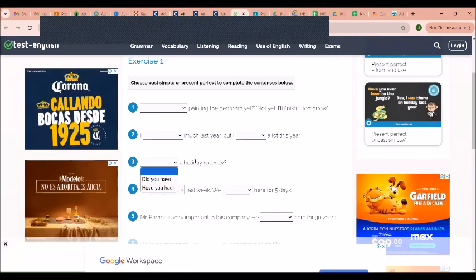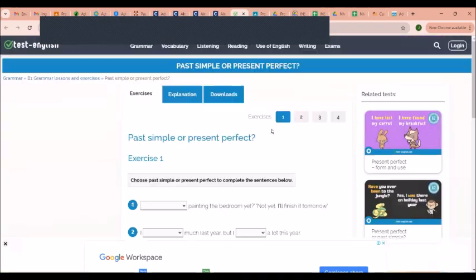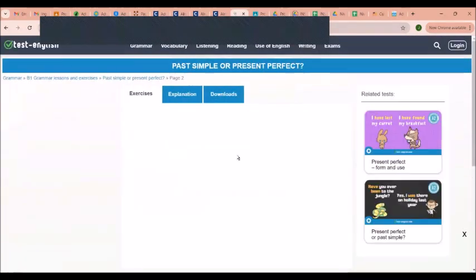Did you have a holiday recently? Right. Recently, do we use it for past simple or present perfect? Present perfect. All right, so we'll use the have. Have you had a holiday recently? Repeat. Have you had a holiday recently? Good. All right. Let's dive a little bit deeper. Let's go to section 2.